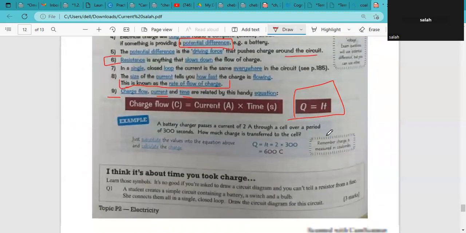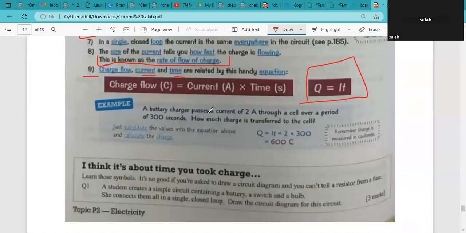See the problem. Our battery charger passes a current of 2 amperes through a cell over a period of 300 seconds. So the current I is 2 amperes and the time is 300 seconds. How much charge is transferred to the cell?